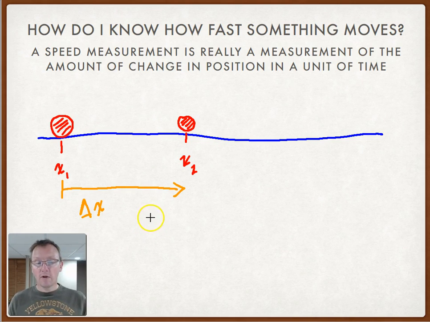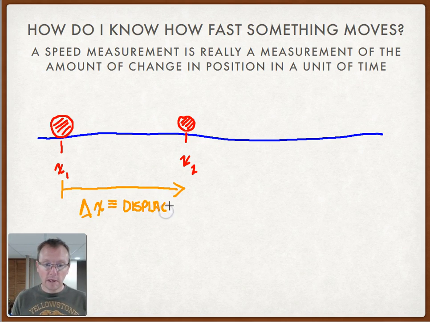I want to tell you right now that delta x has a special name, and it's something that I'm going to use a lot, and I'm not even going to think about it, so I want to make sure you've got it down. Delta x is actually called displacement. Displacement just means, well, you can look at the two different parts of the word, right? Placement means where it's located, and dis, in this case, means it's changed from that position.